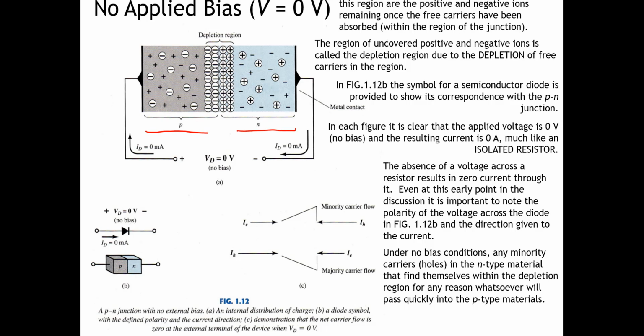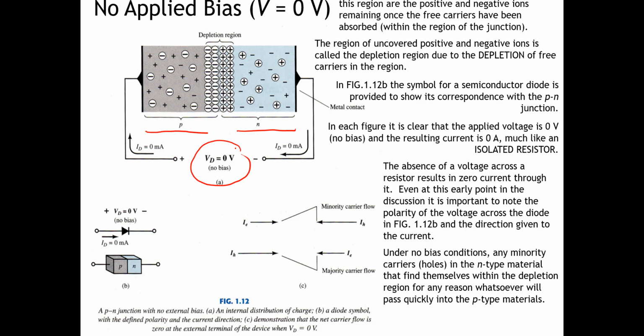So if we connect the two kinds of semiconductor with no applied bias, like this one, there is no voltage source between the semiconductor type P and the semiconductor type N. They just connect to each other.